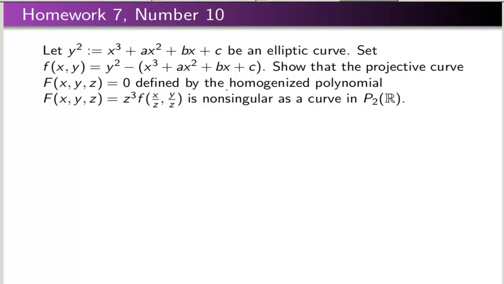Show that the projective curve defined by this homogenized polynomial f of x, y, z is non-singular. So it might be useful to actually write out what f of x, y, z looks like. So z cubed times f of x over z, y over z. And then x over z, you're just plugging that in for x.